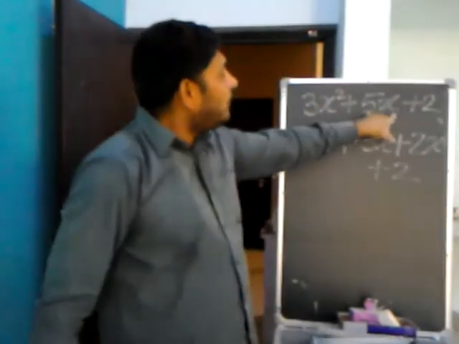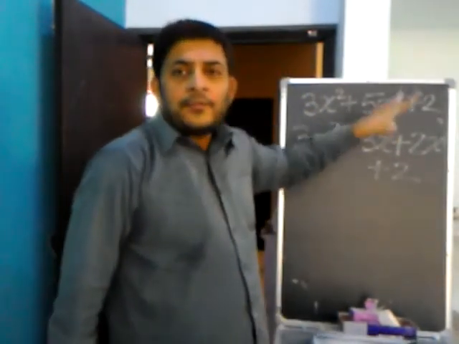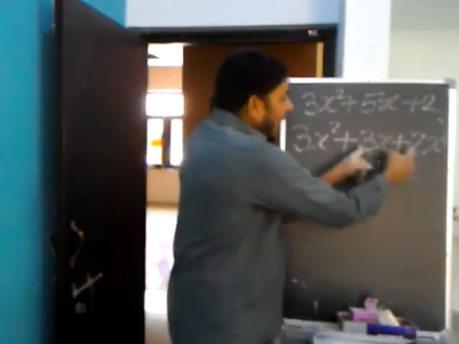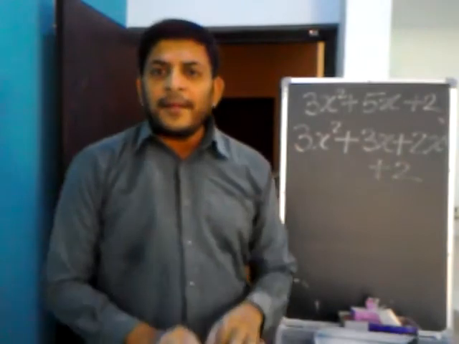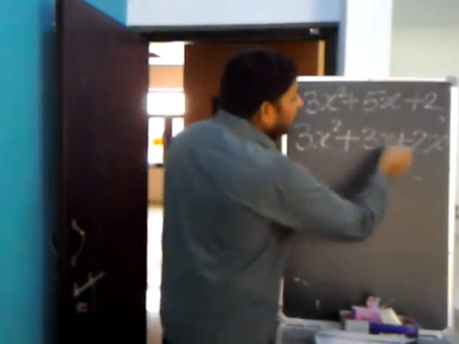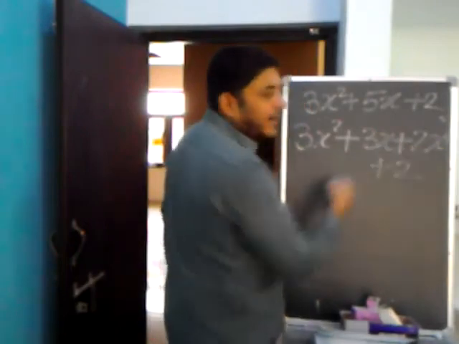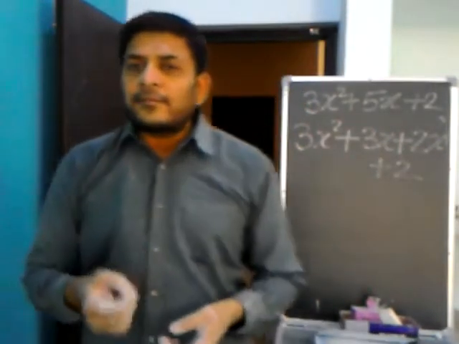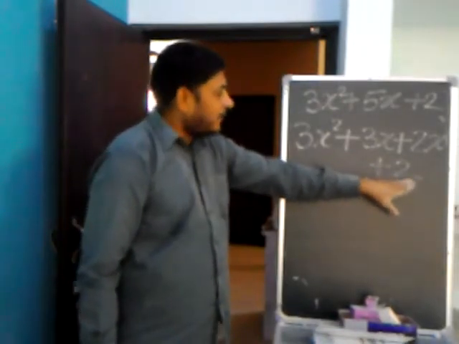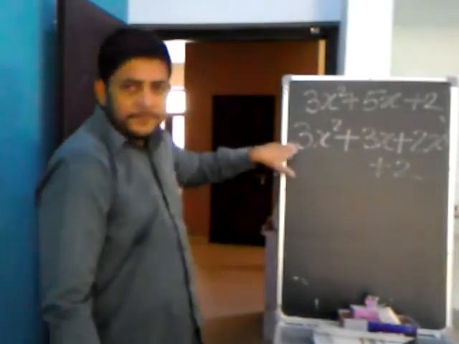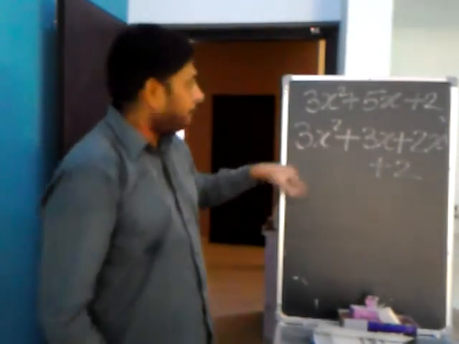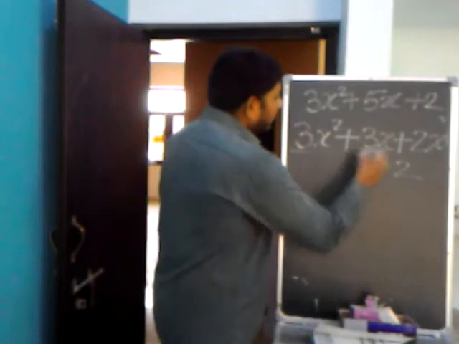I broke down 5x in two terms, that is 3x and 2x, because if I am adding them, then I am getting 5x, and if I am multiplying them, then I am getting 6x square. And why is it so? Because if I am multiplying the third term, that is 2, and the first term, that is 3x square, I am getting 6x square.